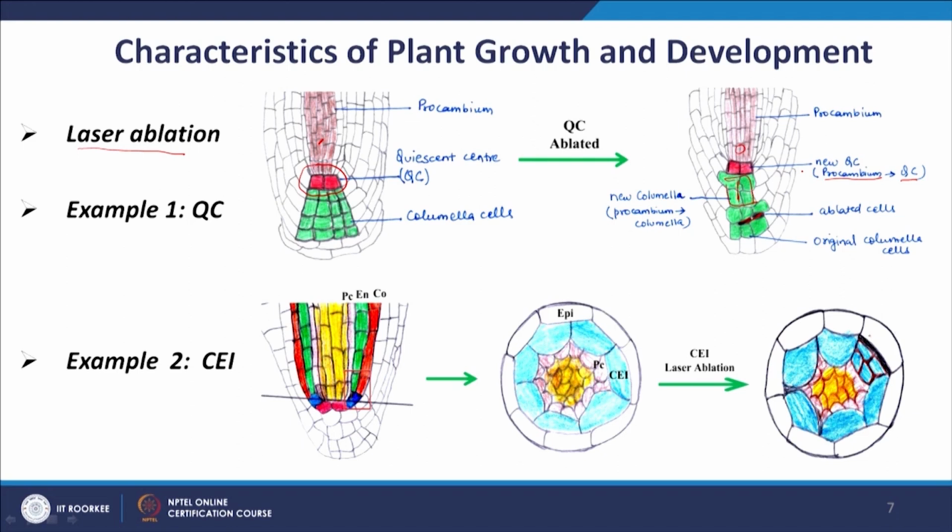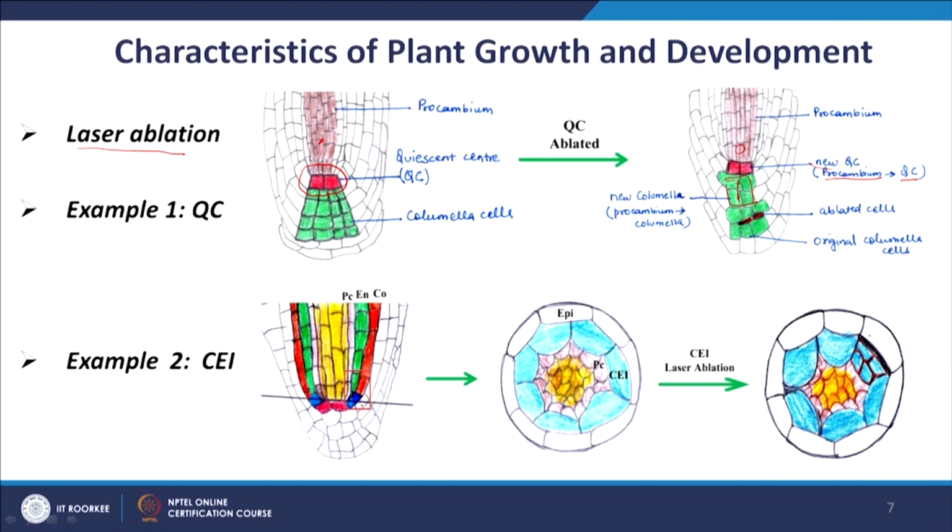Similarly, there is another very important tissue. If you look at the root tip here, this is the QC, and these are the cells called initial cells. These are meristematic cells, and in the root there are different cell layers: epidermis, cortex, endodermis, pericycle and vascular cells. What is important here is that each initial cell gives rise to one layer of cells.